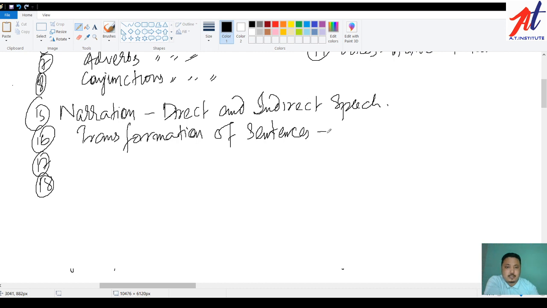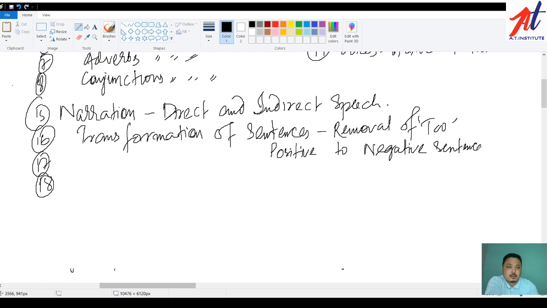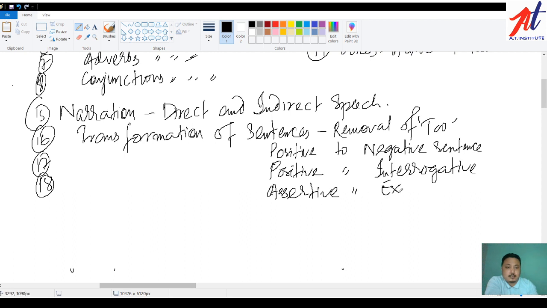Okay. Basically, when I say transformation of sentence, removal of too, positive to negative sentence and positive to interrogative, assertive to exclamatory sentence.